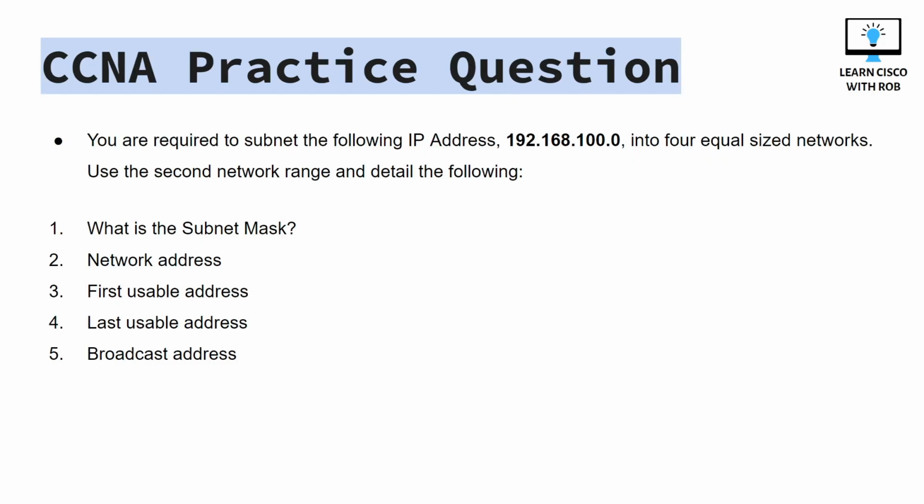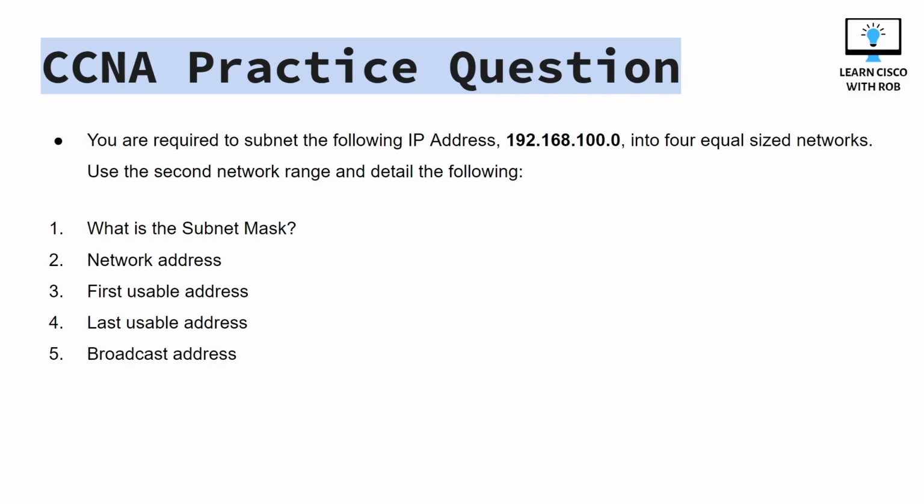Now, using everything you've learned within this presentation, I am going to present a practice question from the CCNA. So you are required to subnet the following IP address, which is 192.168.100.0, into 4 equal sized networks. The question asks us to use the second network range and detail the following.